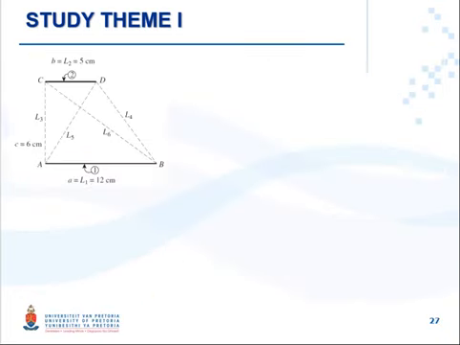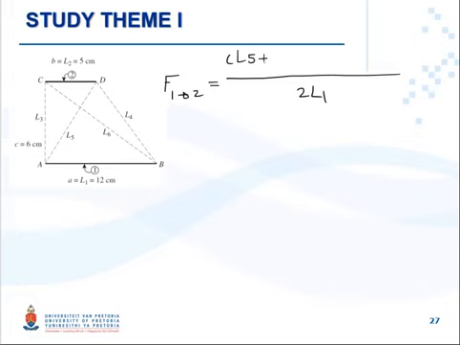So F12 is the crossed strings L5 plus L6 minus the uncrossed strings L3 plus L4, over 2L1.